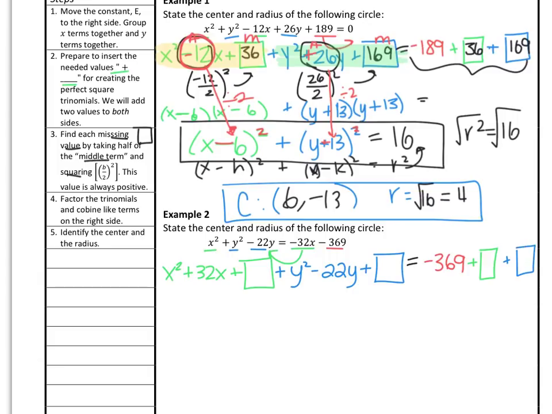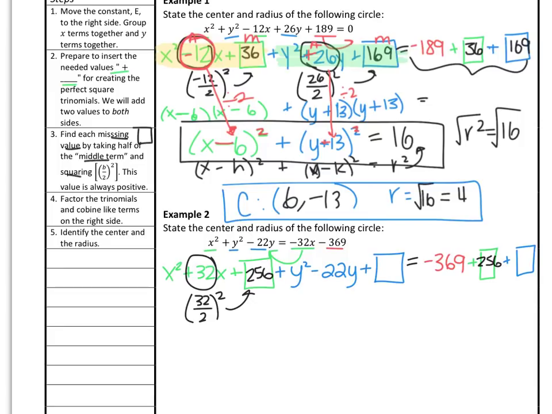Whatever you do to one side, you got to do to the other. So again, to come up with this value, I take the middle term, cut it in half, and square it. Plop it in the box. That gives me 256. Both sides.